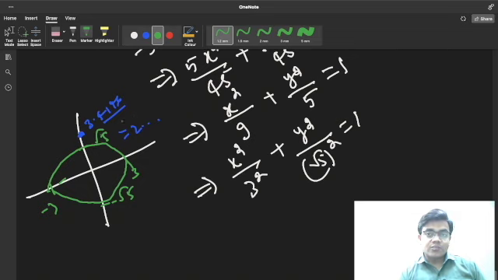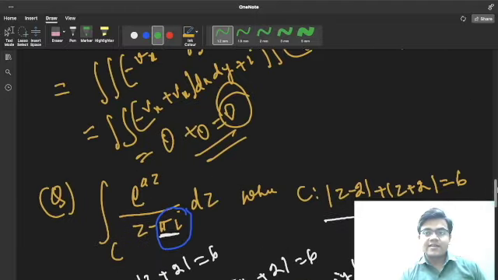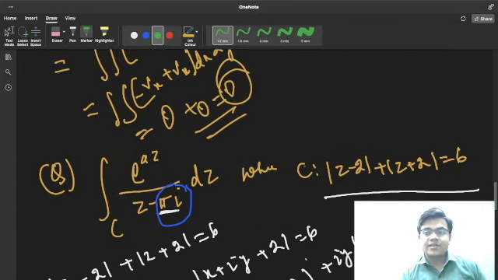If the point is outside this domain, it means your function is certainly analytic everywhere over this region, and as your function is analytic, according to the Cauchy theorem, your integral will be, yes, you people are saying the right thing, your integral will be 0.